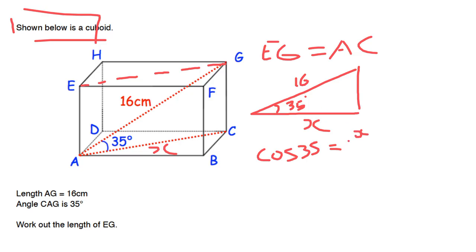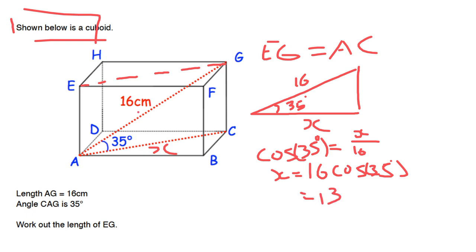So we have x equals 16 cos 35. On your calculator, that would give you a total of 13.1 centimeters. Keep hold of the unit.